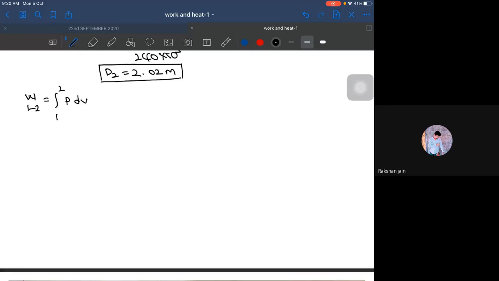Now, since this is a spherical balloon, what is the volume of this balloon if the diameter is d?